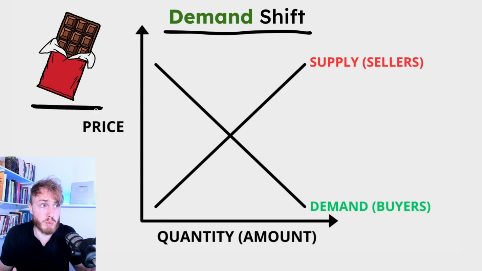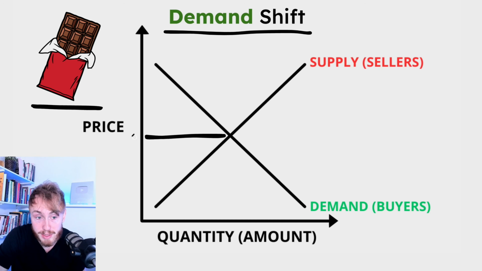A study like this would probably make many people who were not buying lots of chocolate start buying much more. Maybe they start to buy chocolate every day. So what happens is that for a certain price level, so let's say for this price right here, let's say it's $5.